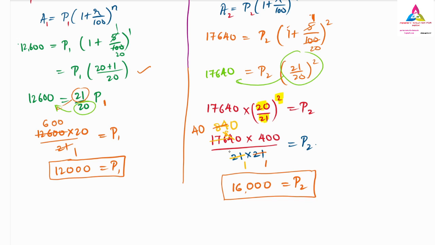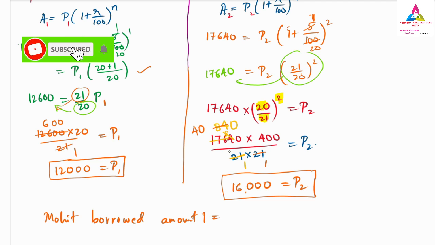So we got the principal amount of the first year and the principal amount of the second year. So let us add them. So we can find that Mohit borrowed amount is equal to, that is P we have taken as the principal amount, that is nothing but P1 plus P2.